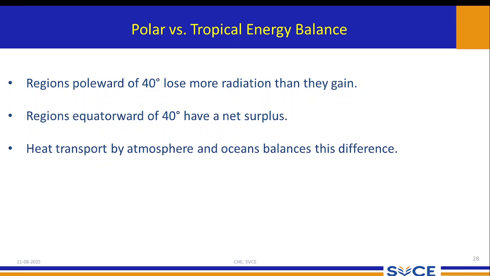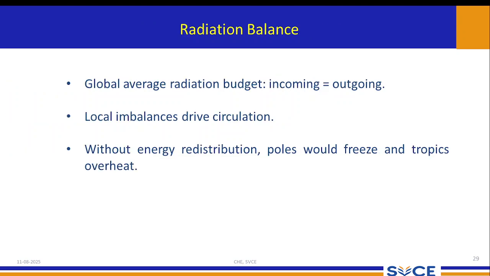The equatorial region gets more surplus, and poleward regions get less radiation. That's what they mean. Heat transport by atmosphere and ocean balances these differences.